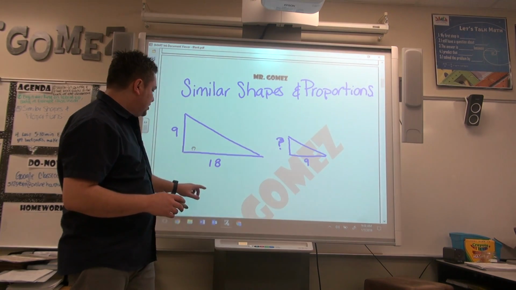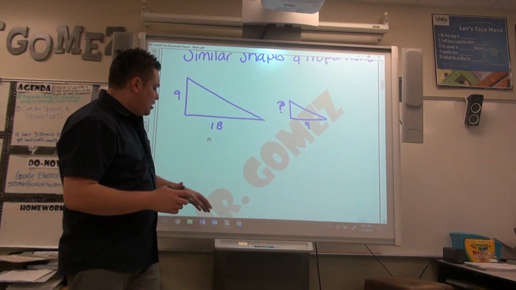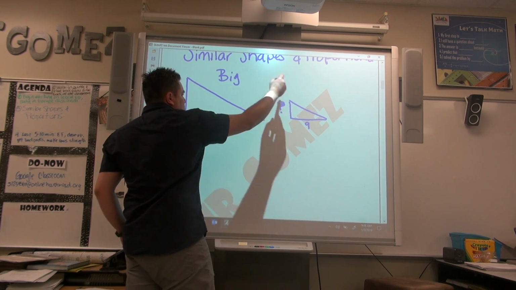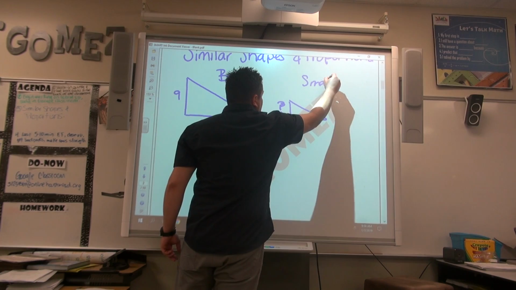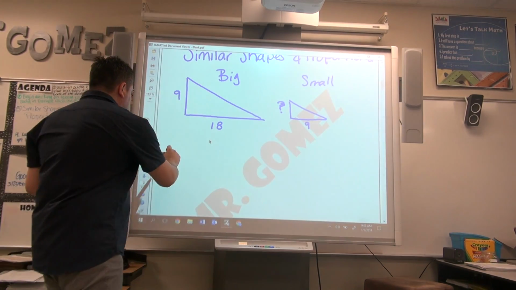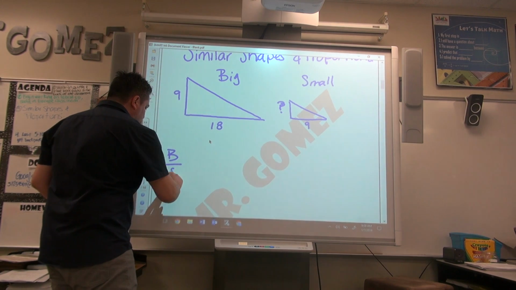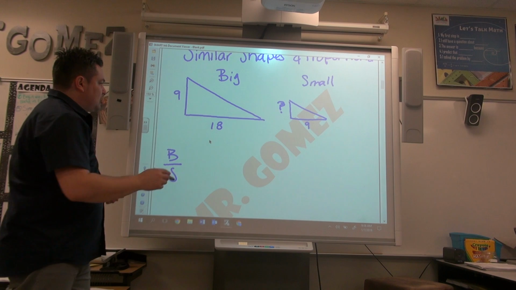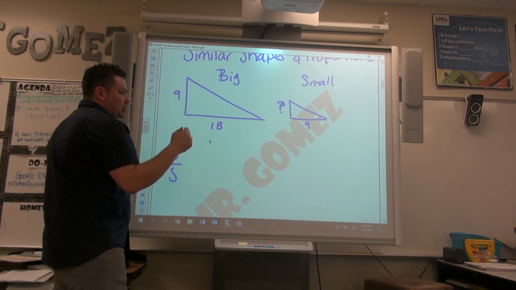This one is gonna be really simple, but this is my big triangle and my small triangle. Just like before, I'm gonna set up my proportions with big divided by the small, and I'm gonna put in my tick marks.